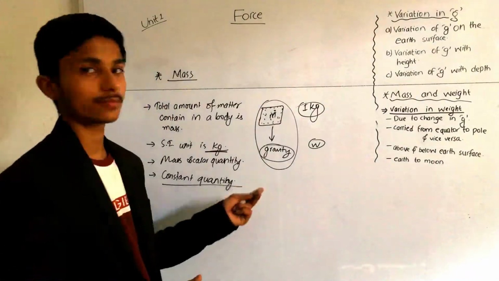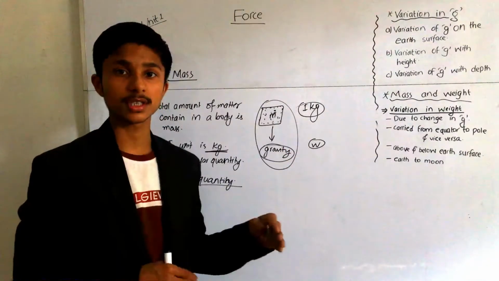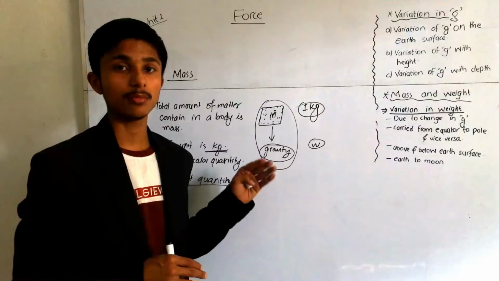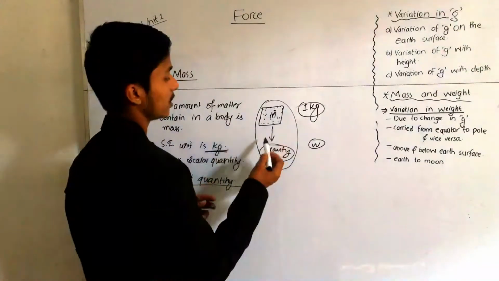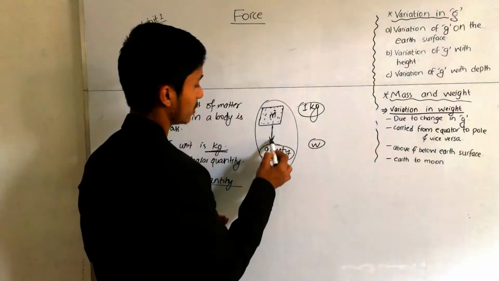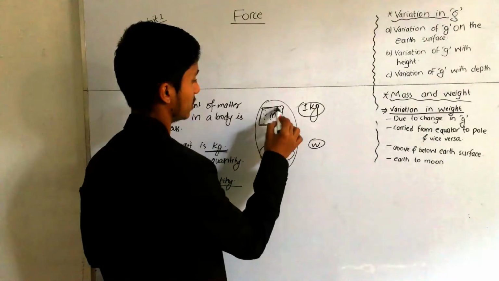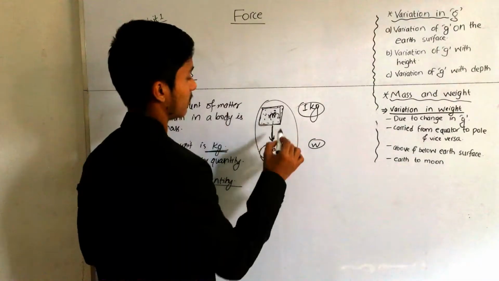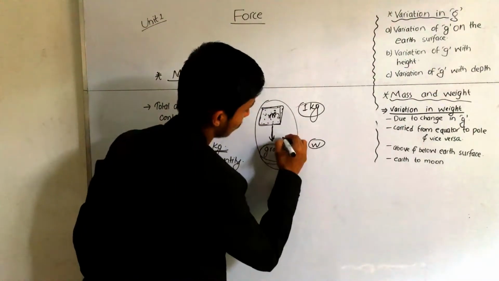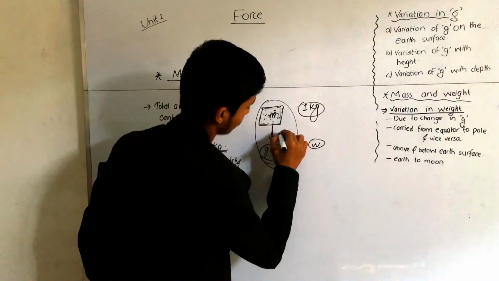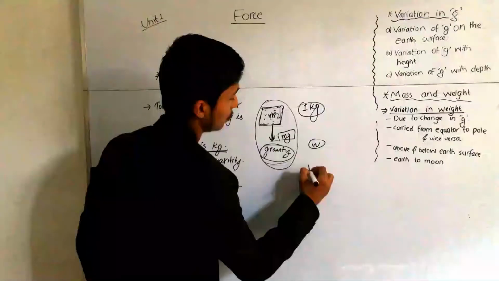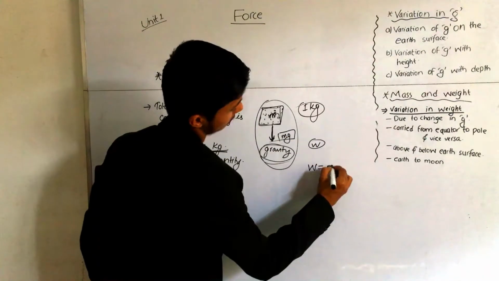It means weight is the force exerted by gravity on a body. The force exerted by gravity on a body of mass m is mg. Here W is equal to mg.